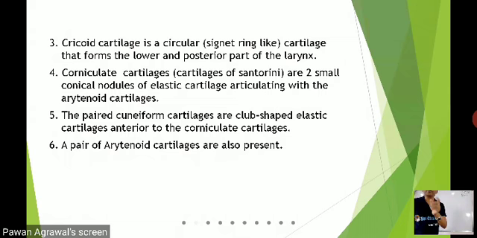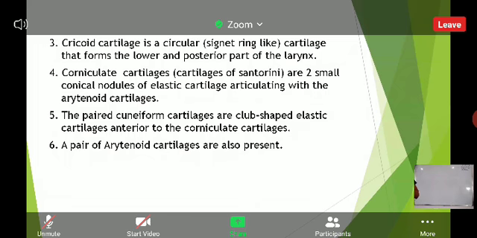That is the cricoid cartilage. This you have to remember. It forms the posterior and lower part of the larynx. Then the corniculate cartilages are known as the cartilages of Santorini. These are the few points that you have to remember.